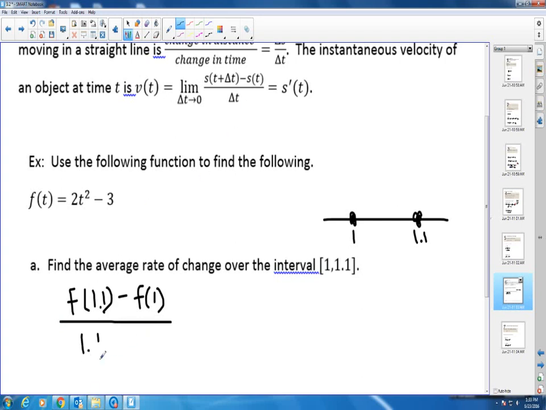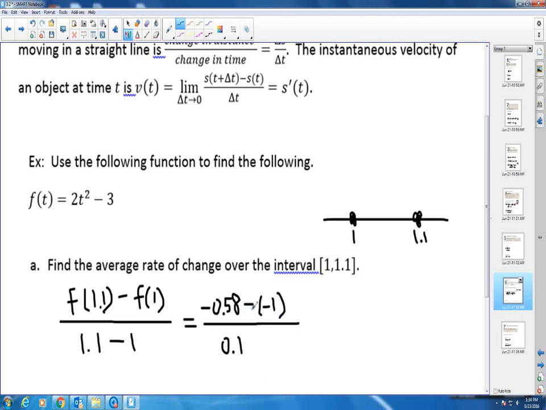So we substitute my time into the function, and then divide by the change in time, which is 1.1 minus 1. And 1.1 minus 1 is a 0.1 second difference. That's my change in time. If I plug 1.1 into this function, I believe I will get negative 0.58, minus, if I substitute 1 into this function, I end up with negative 1.